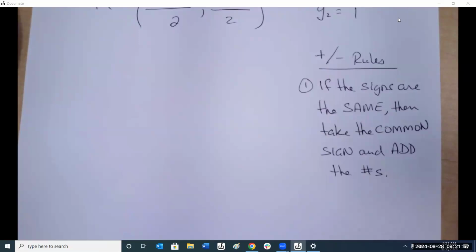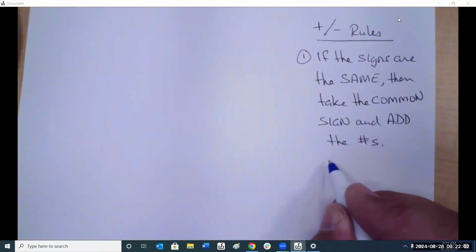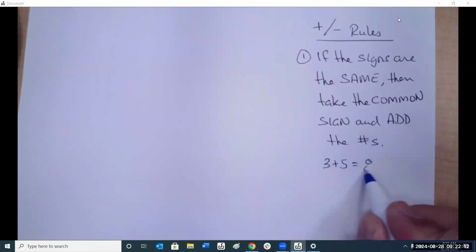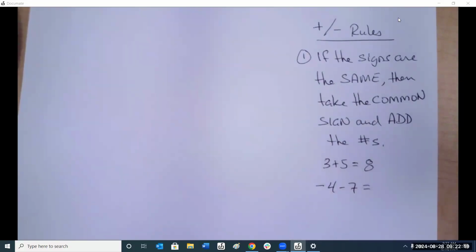For example, 3 plus 5. They're both positive, so the answer is going to be what? Positive. And then we just add: 3 plus 5 is 8. -4 minus 7.